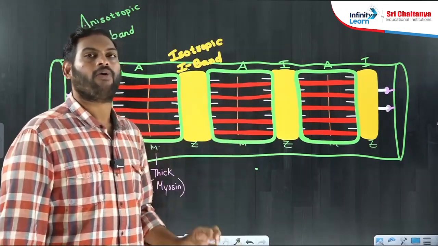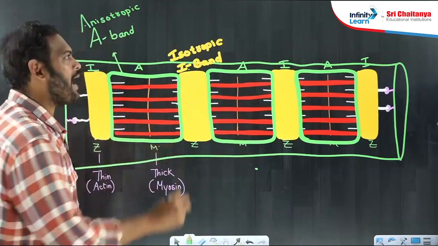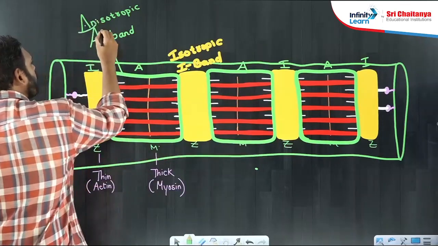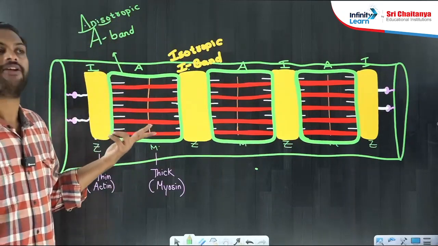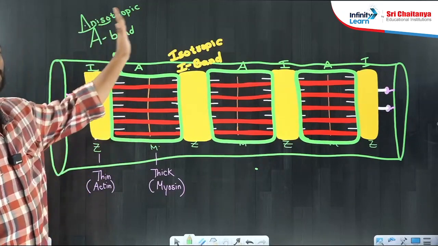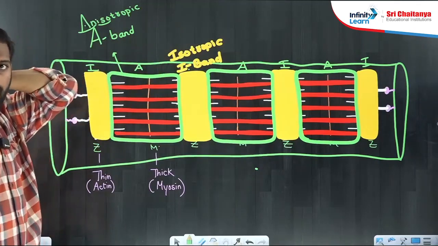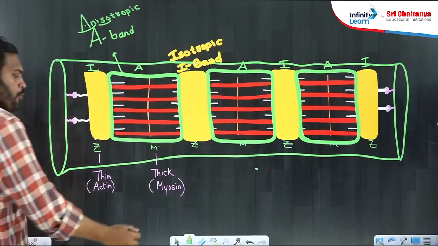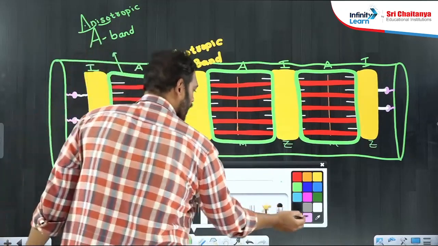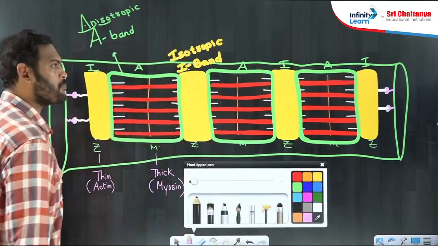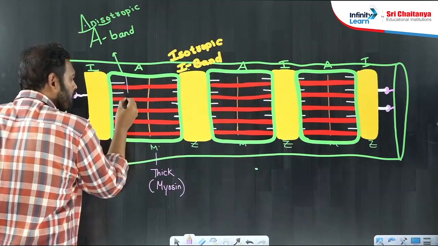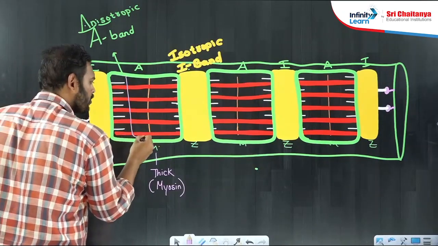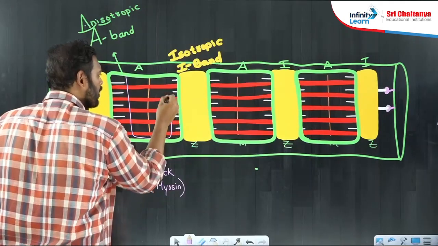Correct. Why is it called A band? Aniso means absence of iso, which means same. Everything is not the same, they are different things. Therefore, aniso. At the middle of the anisotropic band, guys, you can see there was a region where you see pure myosin attached to the M line only, right?